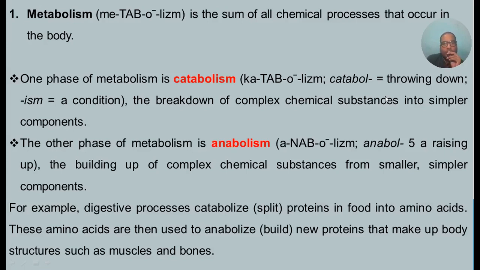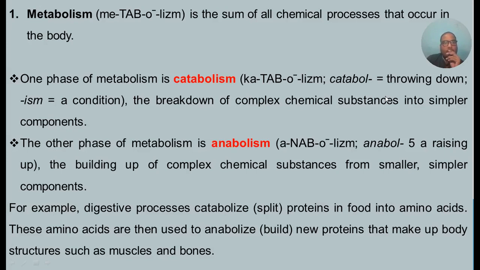Similarly, carbohydrates are made up of simpler monomer units, glucose, fructose, lactose. So simpler, smaller chemical substances come together and unite to form a macromolecule, a complex molecule, and that process is anabolism.